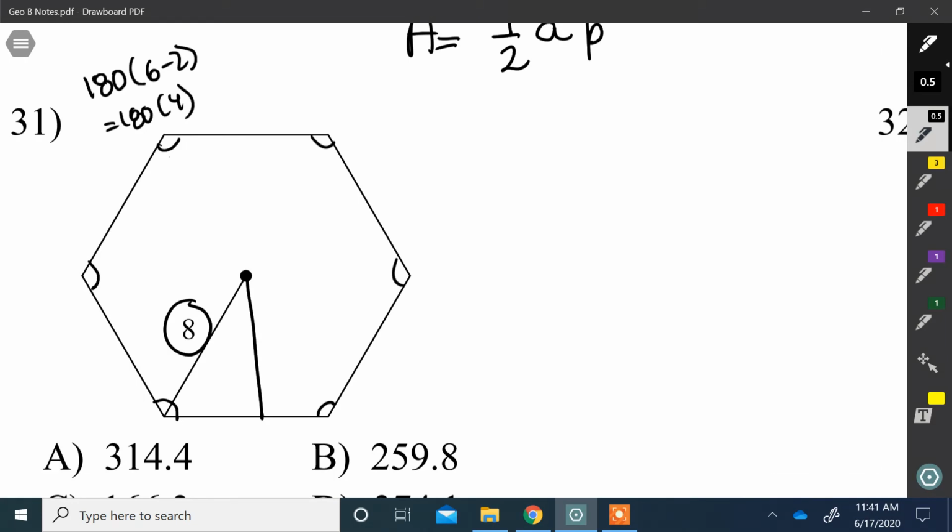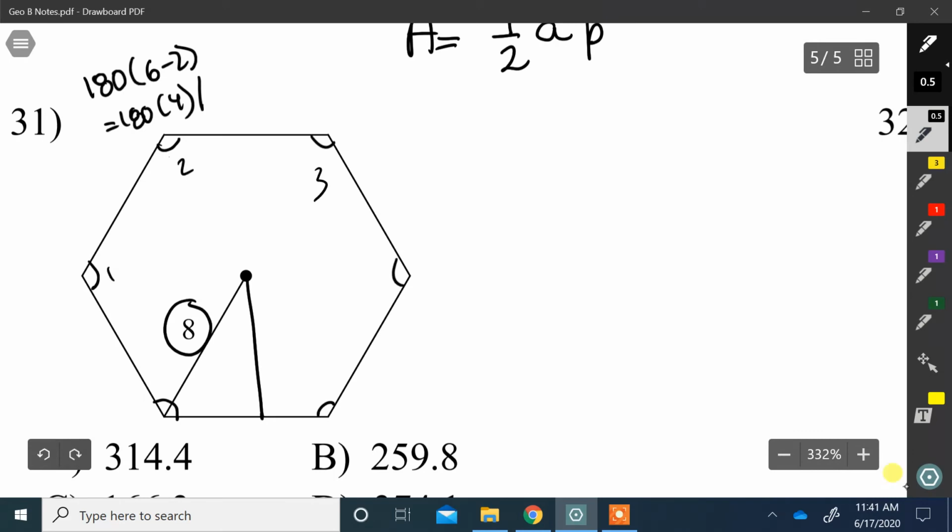So all those angles added together is 720, but then I divide that by 1, 2, 3, 4, 5, and 6 angles. And I get 120. So I already know that each one of those is 120.